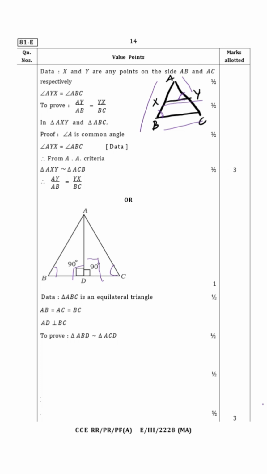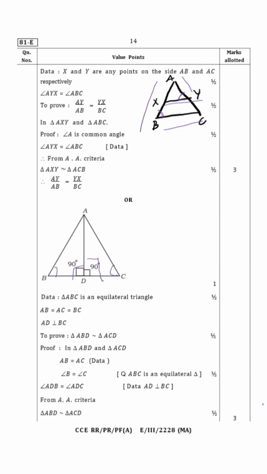So now we can prove that triangle ADB is similar to triangle ADC. Why? Angle criterion. You need not write this one. Not necessary. If you want, you can write. That's all.